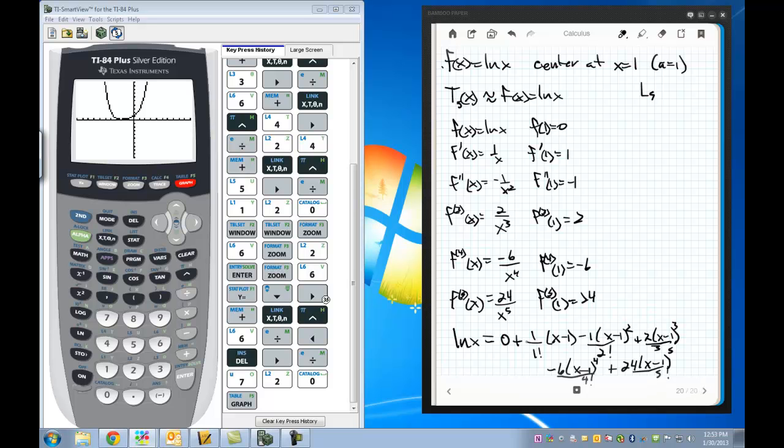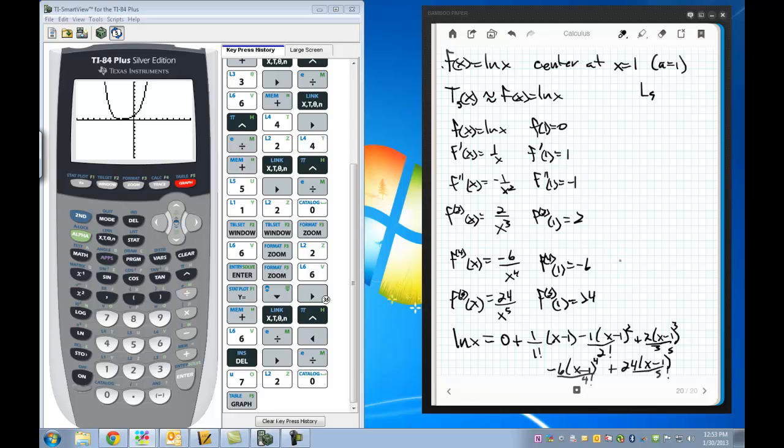Well, let's play first. I could write this as x minus 1 minus 1/2 x minus 1 squared plus 2/3 x minus 1 cubed minus, now there's going to be some cancellation in here, right? This is going to be minus 1/4 x minus 1 to the 4th, and then plus 1/5. Oh, wow. That's crazy.